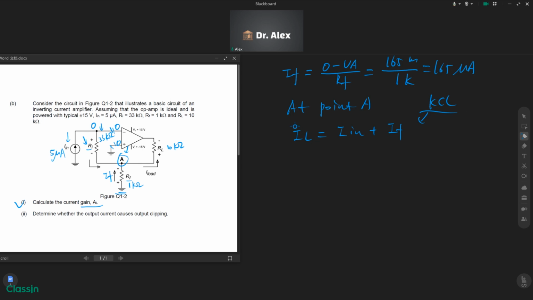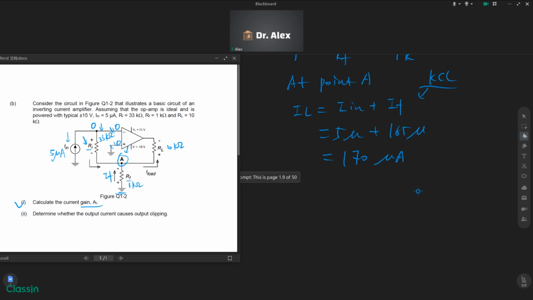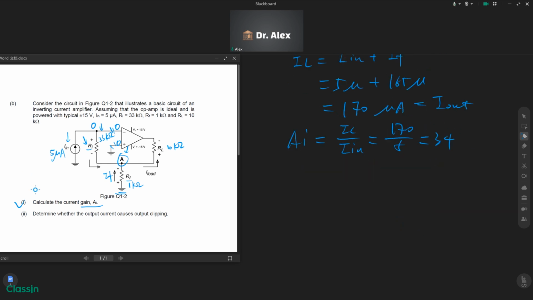So we can get the value of I load, which is 5 microampere plus 165 microampere, which is 170 microampere. So this is our output current. Now the gain of current is straightforward, which is IL divided by I in, which is 170 divided by 5, which is 34. So that's the answer for the first question.